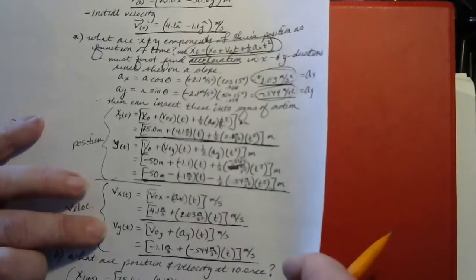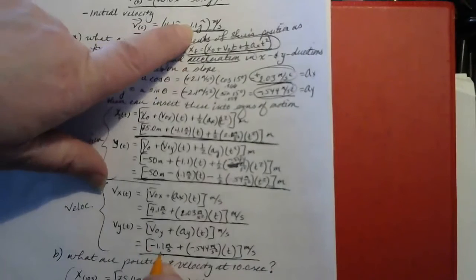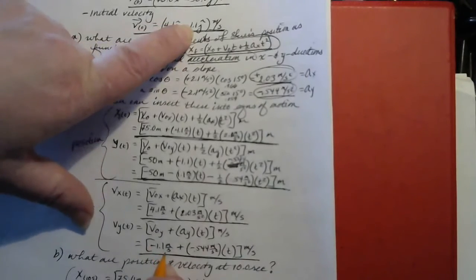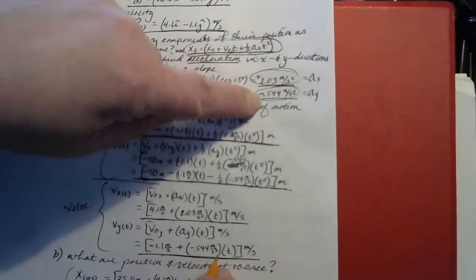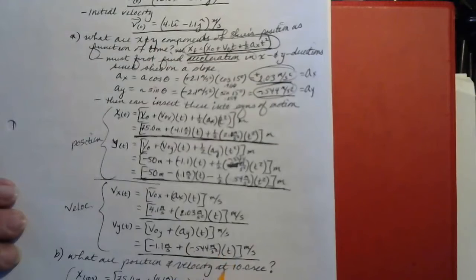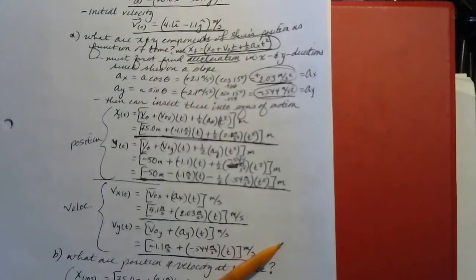So for the y direction, the initial velocity was minus 1.1 meters per second from here, plus negative 0.544 meters per second squared from here, times time. And there is your equation for finding the velocity in the y direction.